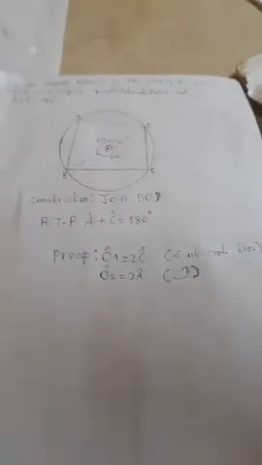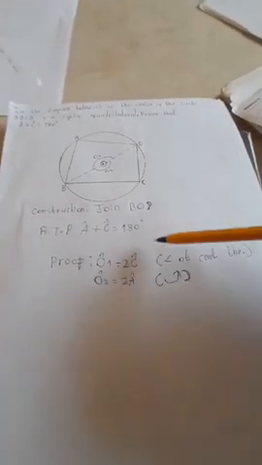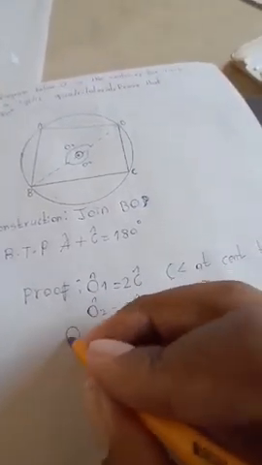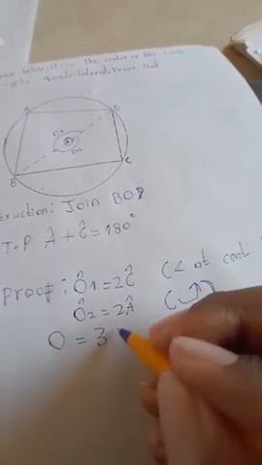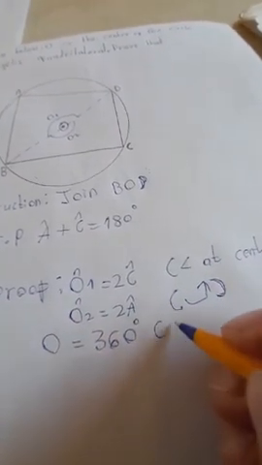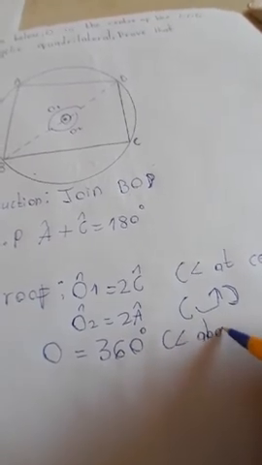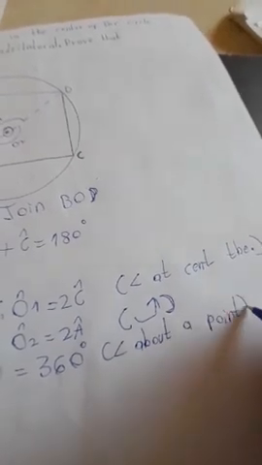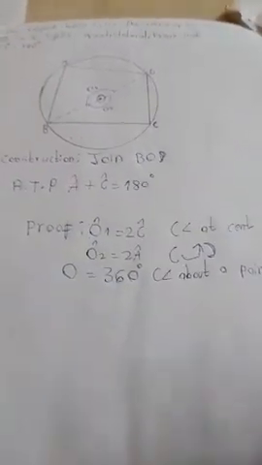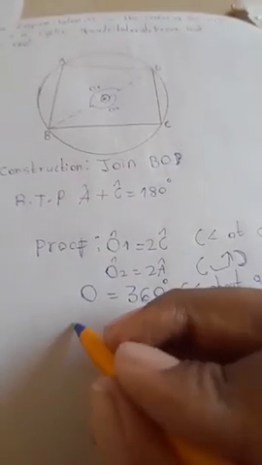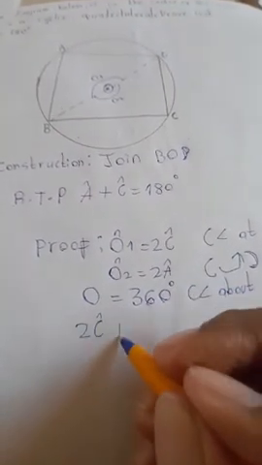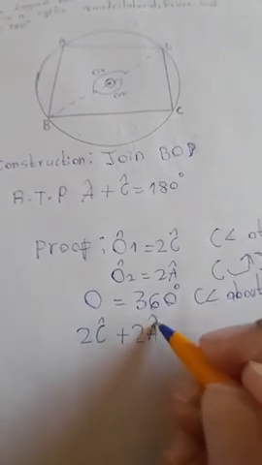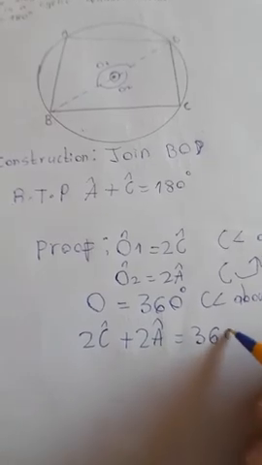So from now on we can say angle O here is equal to 360 degrees, angle around a point. We can say that 2C plus 2 angle A is equal to 360 degrees.